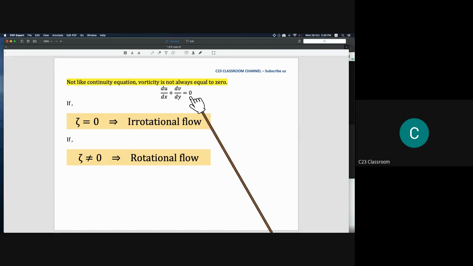But for the vorticity, it is not necessarily equal to 0. If zeta is equal to 0, it is irrotational flow, meaning the molecule does not rotate itself. If zeta is not equal to 0, it is a rotational flow, meaning that the molecule itself will rotate.